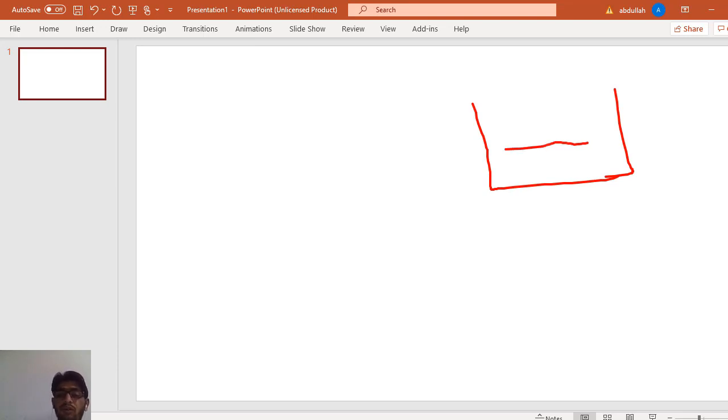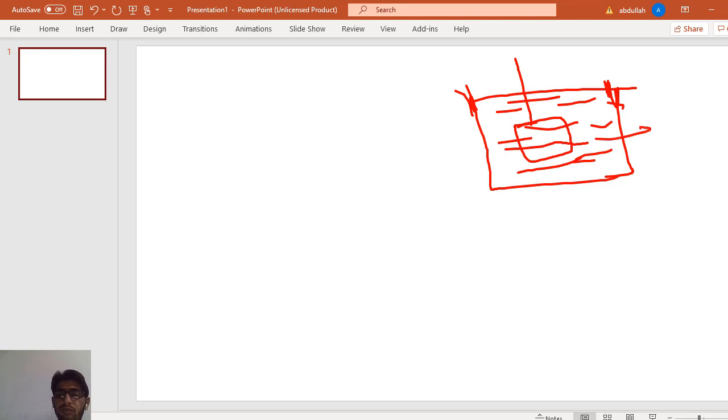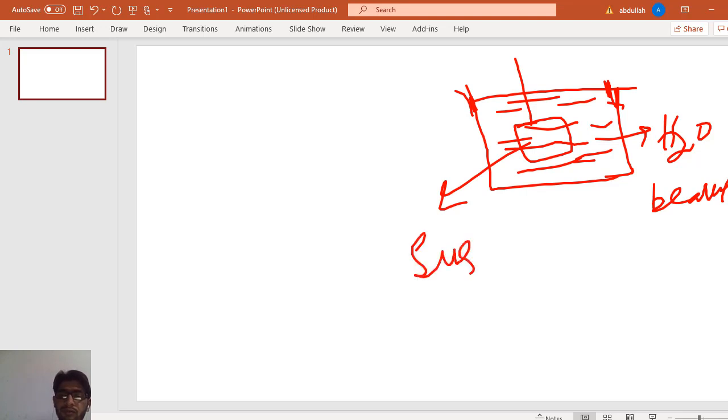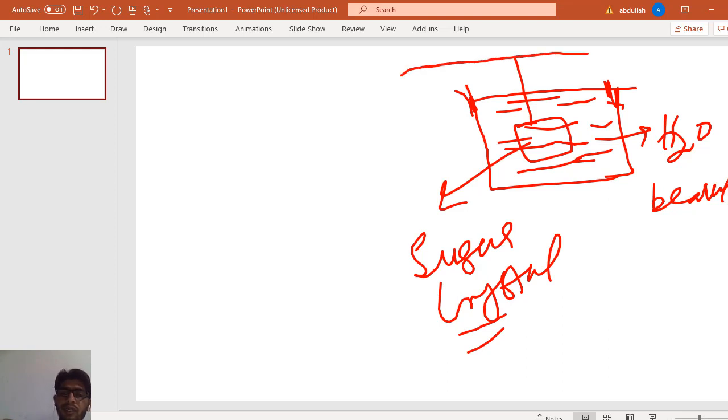Suppose this is water, and we suspend a sugar crystal in it. This is the water beaker, and this is the sugar crystal. Now the stirrer is fixed.